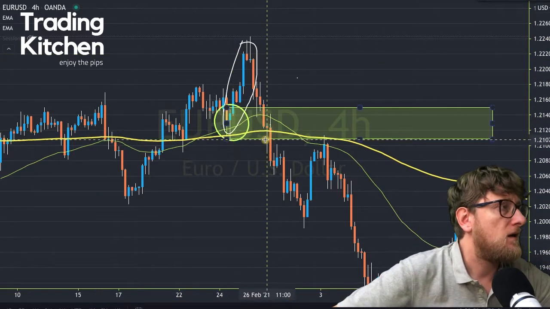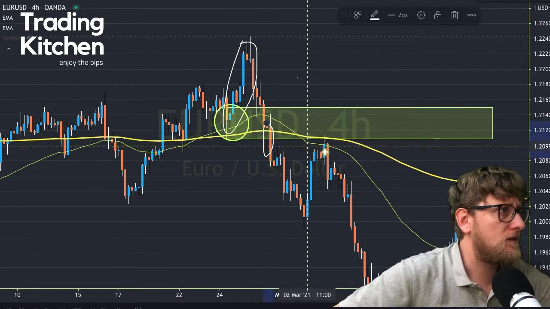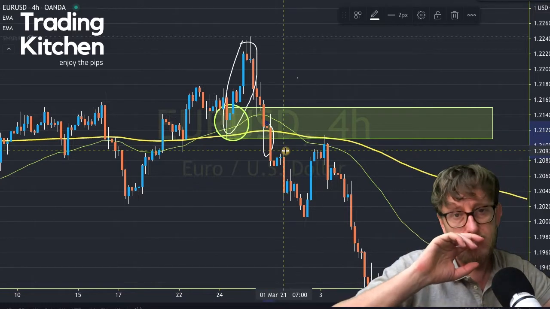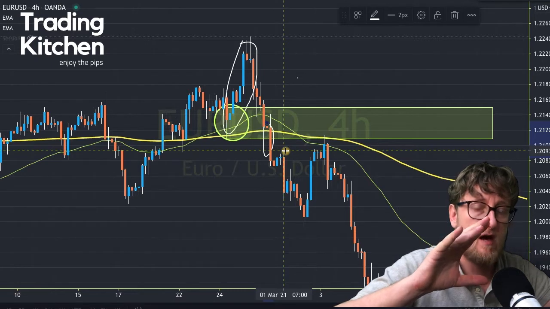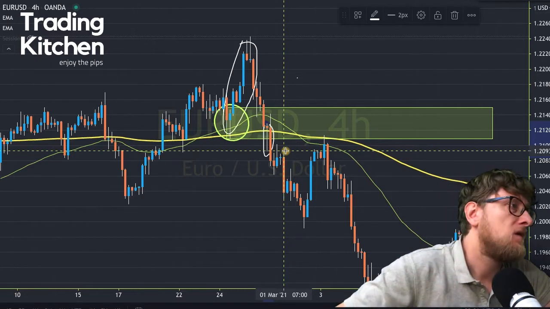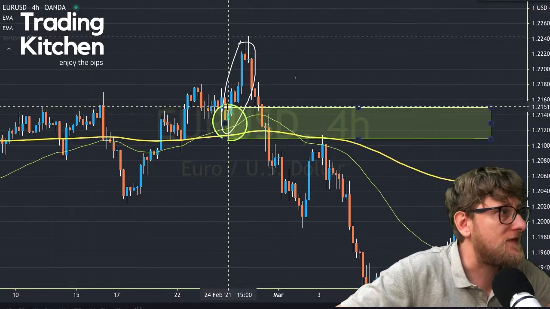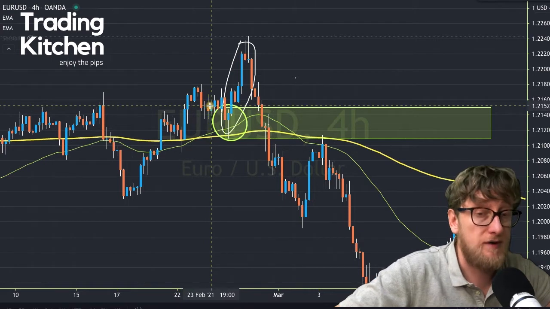But as you can see here with this candle, price initially refused to go down. Okay, what does it mean? It means that this is a very good zone that works.